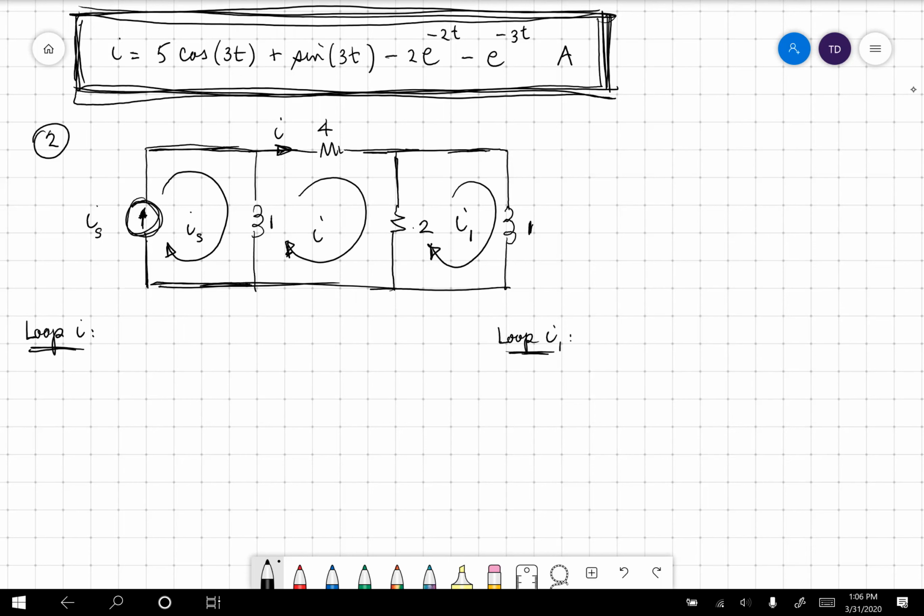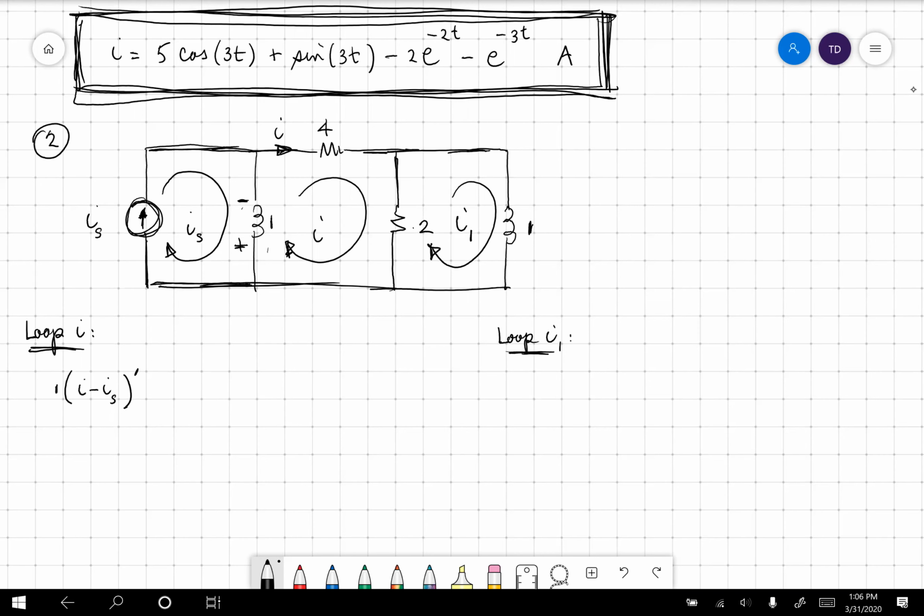All right, for I. So we're in the direction of I, so it's going to be L di/dt, 1 times I minus IS prime. So we're looking for this voltage. That was this voltage right there in the direction of the mesh current. So the mesh current I is going in the clockwise direction.